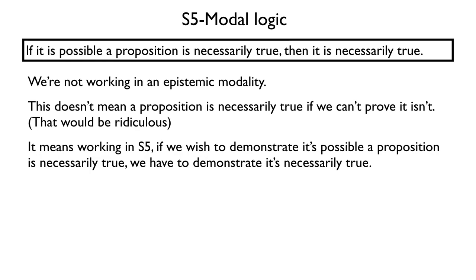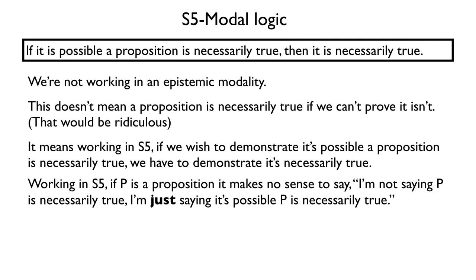What this axiom actually means is that working in S5, if we wish to demonstrate it's possible a proposition is necessarily true, we have to demonstrate it's necessarily true. Working in S5, if P is a proposition, it makes no sense to say, I'm not saying P is necessarily true, I'm just saying it's possible P is necessarily true.